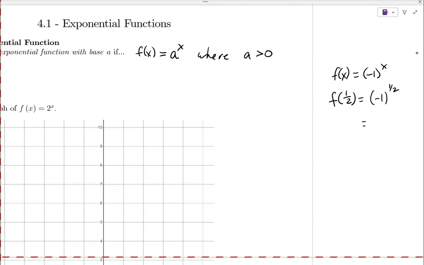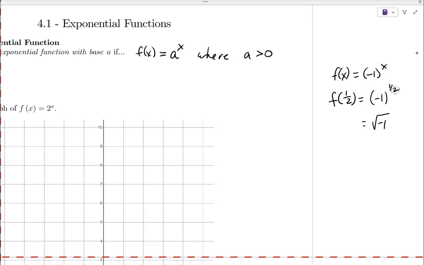It's a square root. Remember, the denominator of a fraction in an exponent tells you what root to take? And now I have the square root of negative 1. I've got a negative under my radical, which is going to make that a complex number. But what we're dealing with are real valued functions, meaning the answers you get out of your function should be a real number, not a complex number.